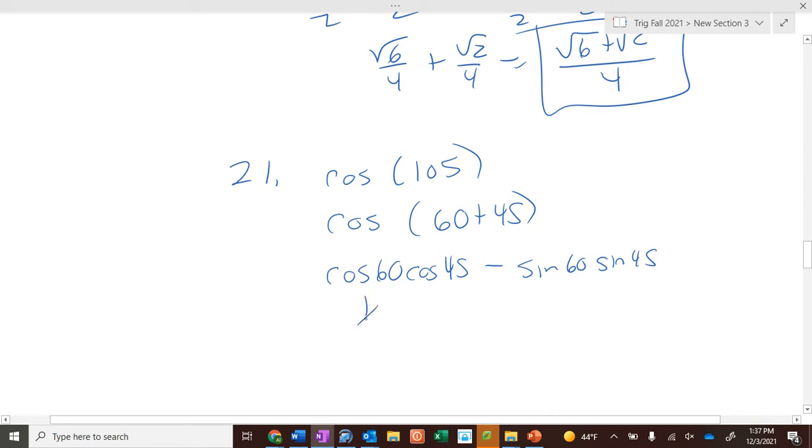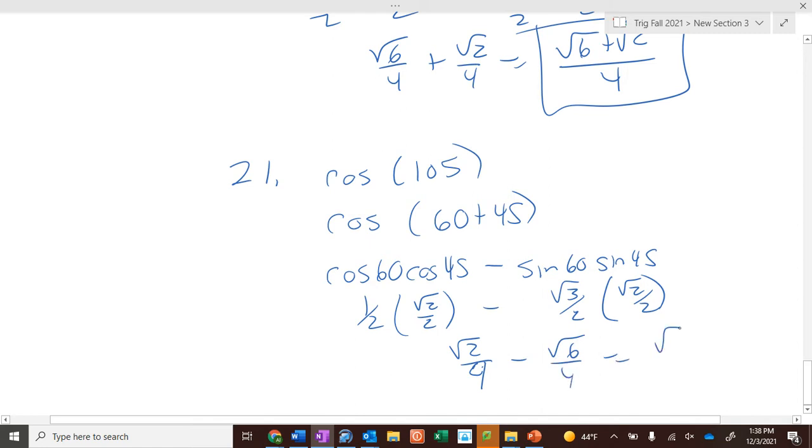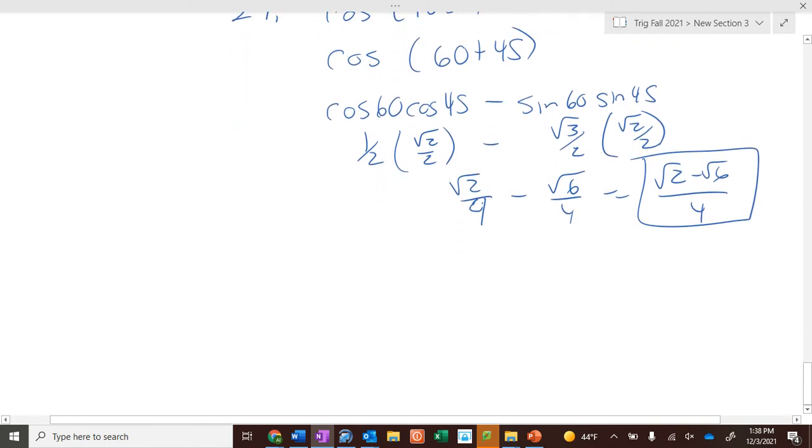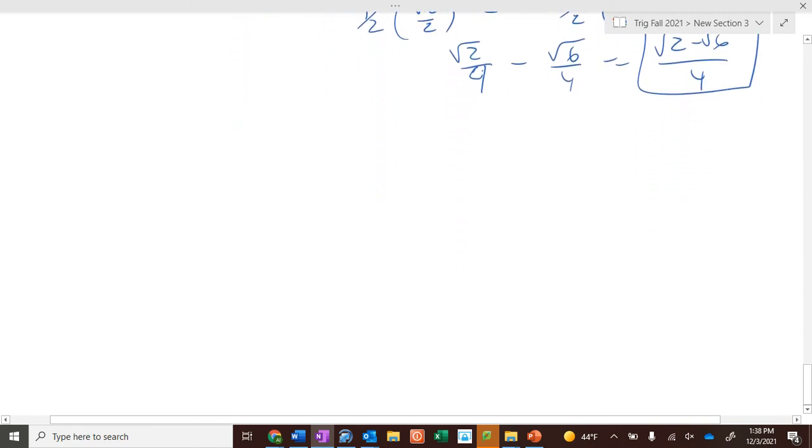Which is 1/2 square root of 2 over 2, square root of 3 over 2, square root of 2 over 2. So it's square root of 2 over 4 minus square root of 6 over 4 equals square root of 2 minus square root of 6 all over 4. Trust me on that one? Good. Because you should, because I think it's the right answer.